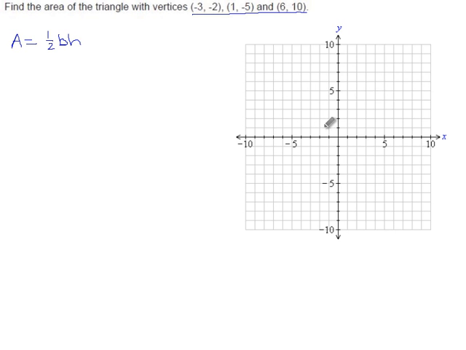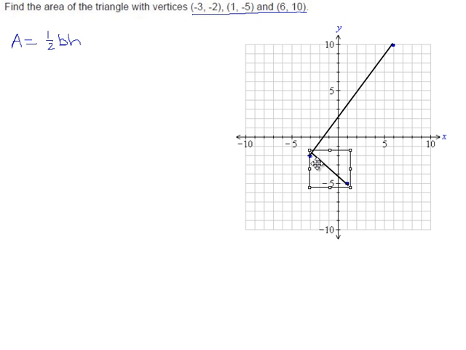If we have a vertex at -3, -2, and we have a vertex at 1, -5, and we have a vertex at 6, 10 up here, then our triangle goes like that, and oh, that line's not so good.